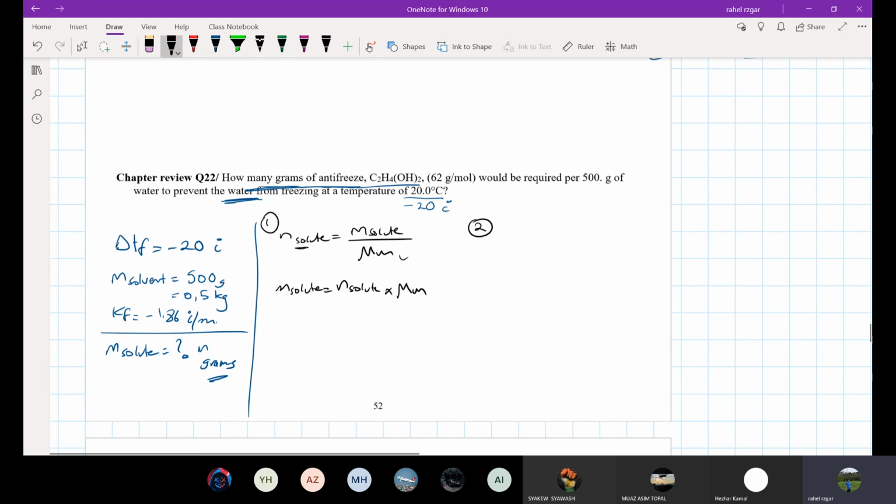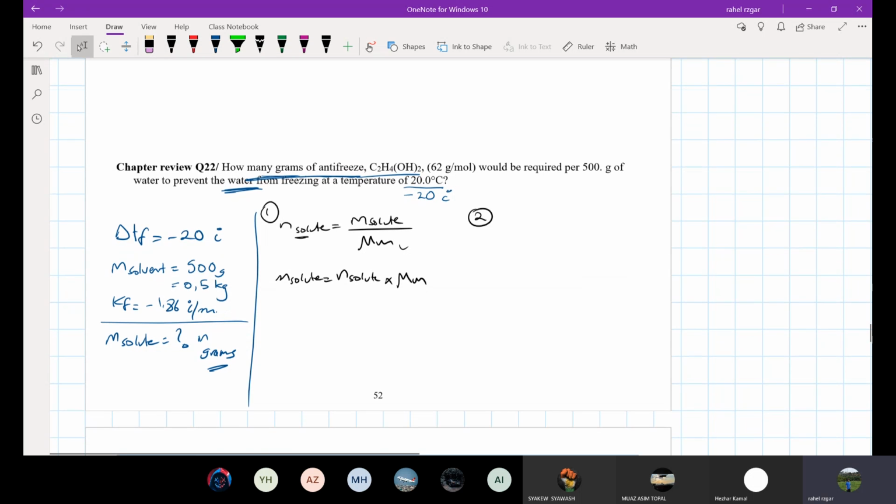Where do we have mole of solute in another rule? In which rule do we have it? In molality. Molality is equal to mole of solute divided by mass of solvent. Again, we have mass of solvent, but we don't have molality. So mole of solute is equal to molality times mass of solvent. All right, we said we don't have molality.